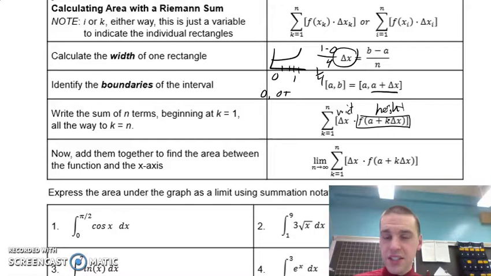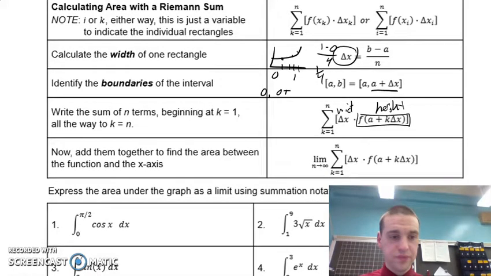And this tells us how much more we moved over from the starting point of 0, so we could get these height values. Then we're going to put it all together and add all those rectangles up that we talked about. And again, look at where n is going to infinity, because we want it to be an infinite amount of rectangles.